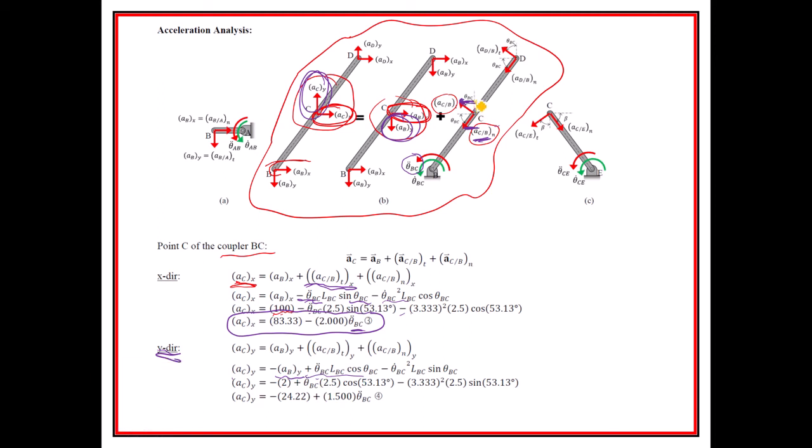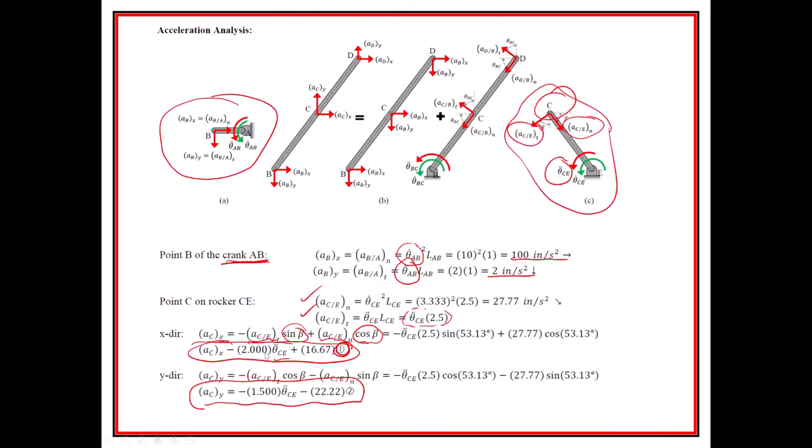That's this component right there, so that's why that's positive. And then here I'll get another color, go green. This one right here is going to be downwards, so that's why that one's negative. And so now we're left with another equation. So now we have 4 equations and 4 unknowns.